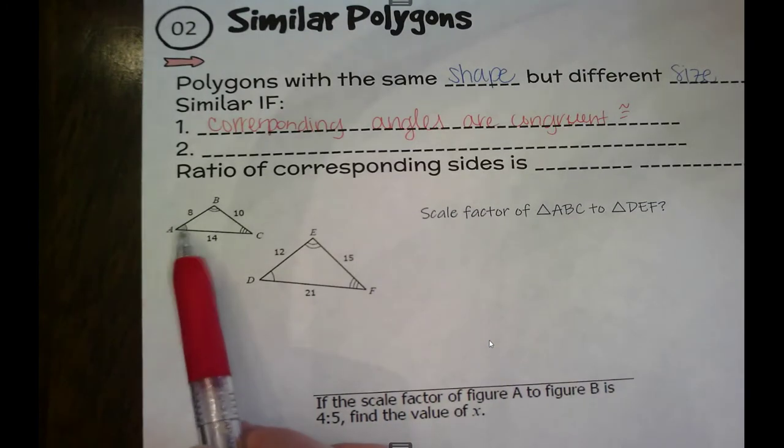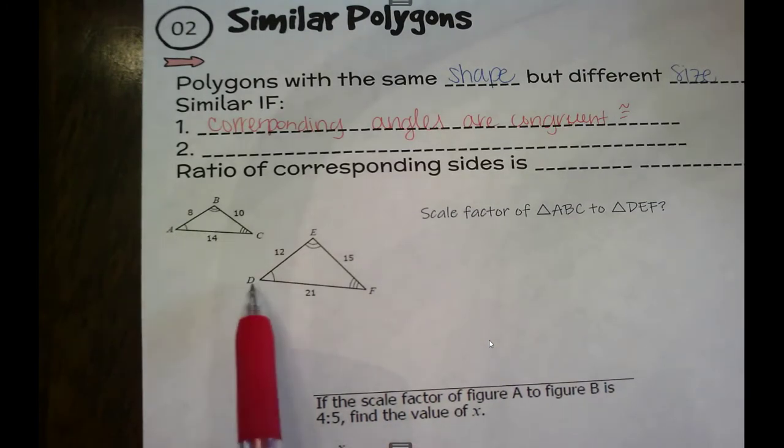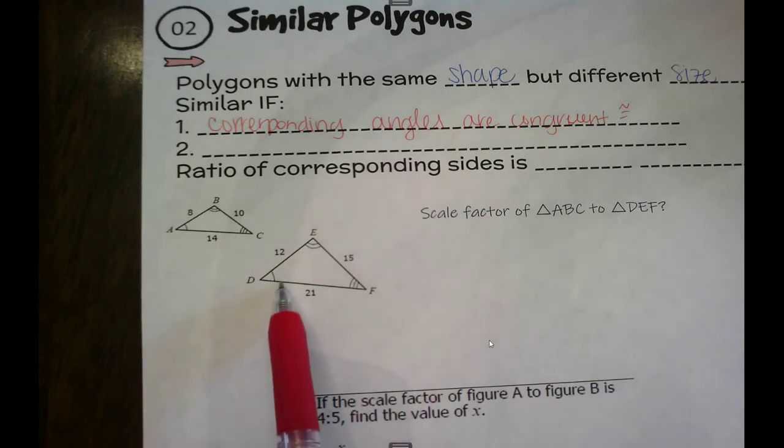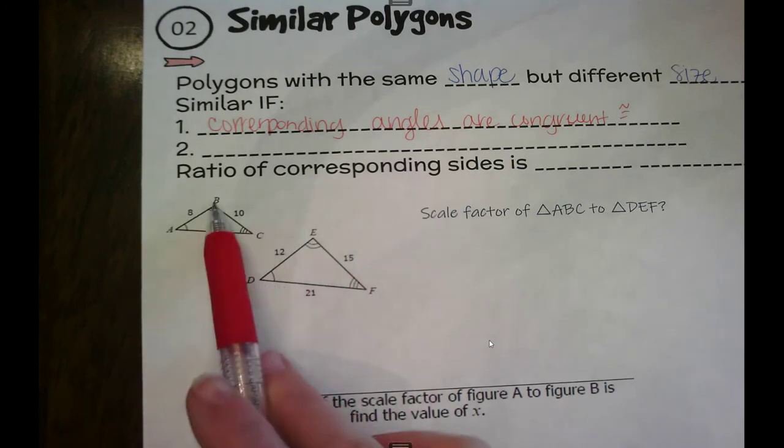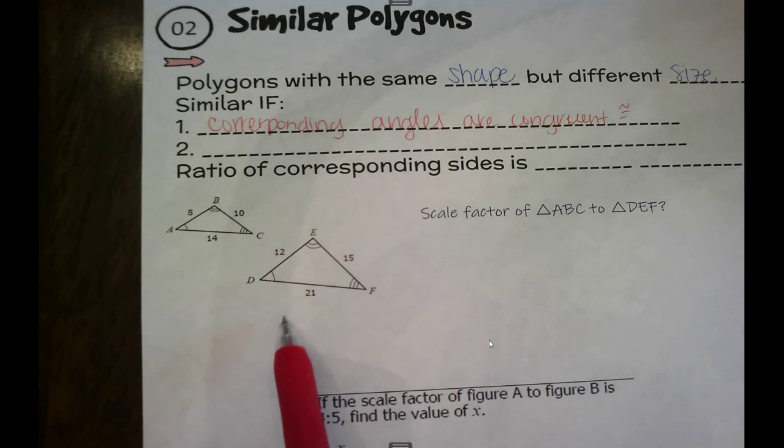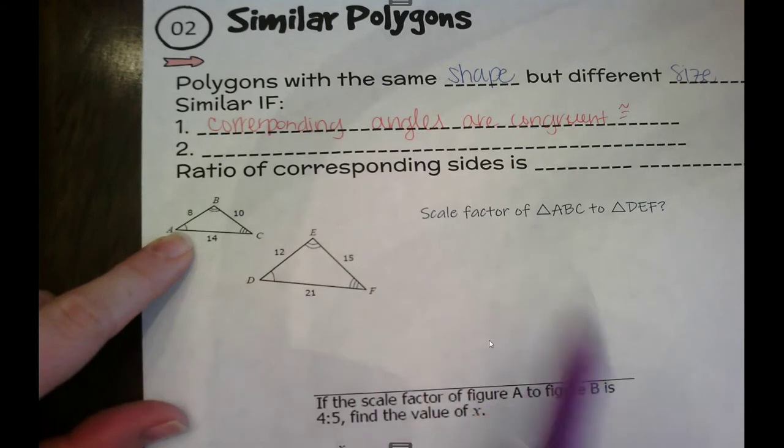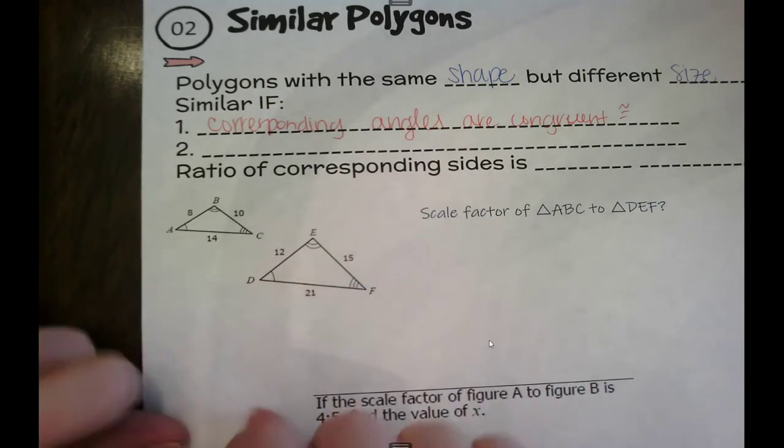So if A is the same, whatever it is, 24 degrees, then this one has to be 24 degrees. Whatever this is. Meaning that the angles inside are the same. Yes, they're all going to add up to 180, but that doesn't mean that all triangles are similar. Each corresponding angle is the same.